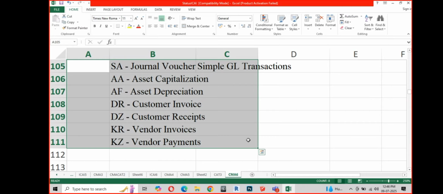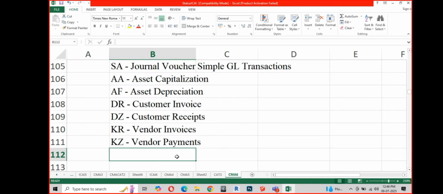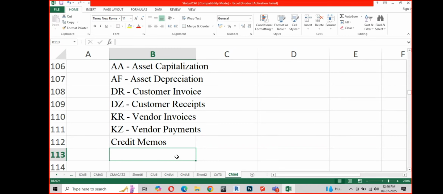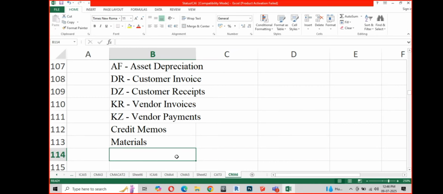And not only this, it has credit memos. It has material transactions. So any number of transactions can happen within an organization, especially if you're talking about a huge business body like your Reliance, or maybe Tata's or Hindustan Unilever or whatever.